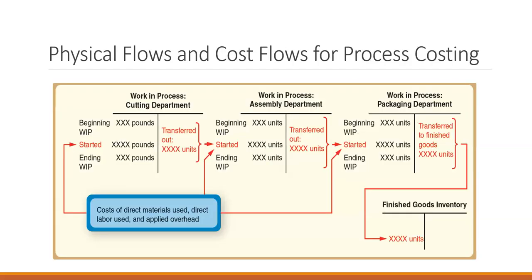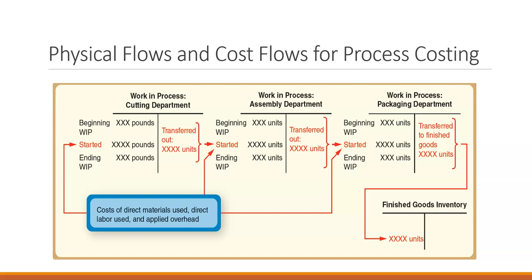As we can see through these T accounts, we show the physical flows and the cost flows for process costing. So we begin work in process in the cutting department. So we have a work in process cutting department account. In the cutting department, we add direct materials, direct labor, and overhead to that production.